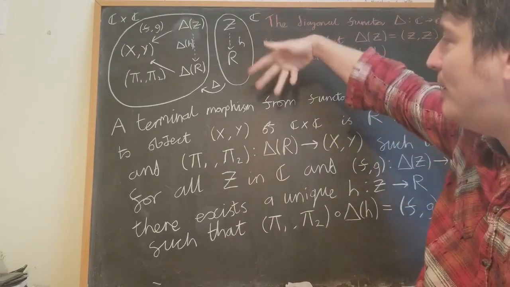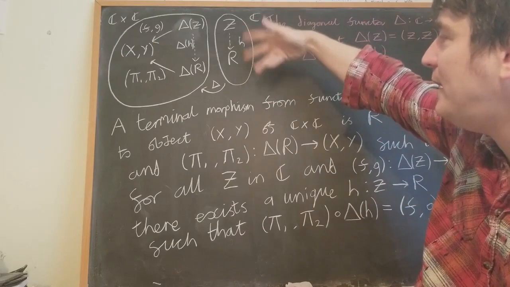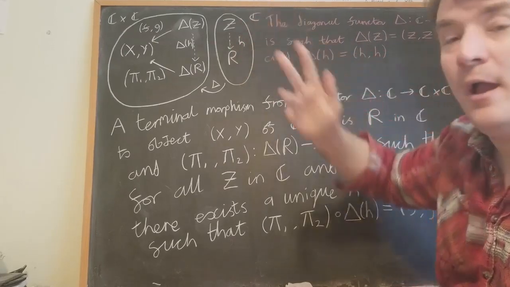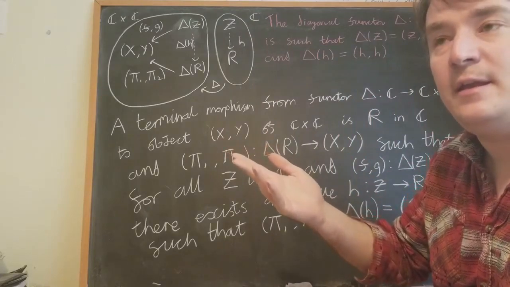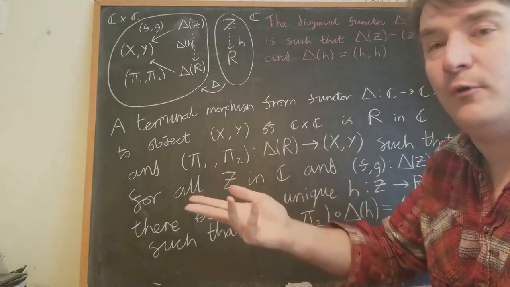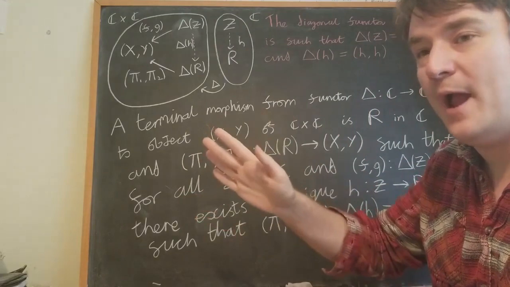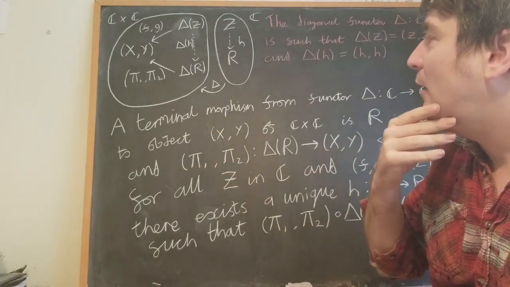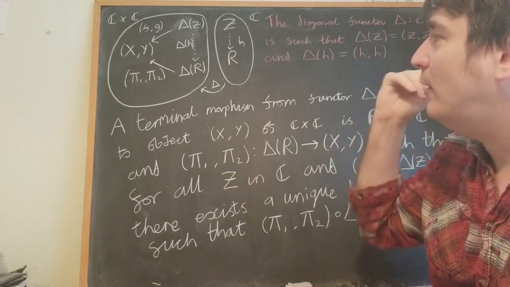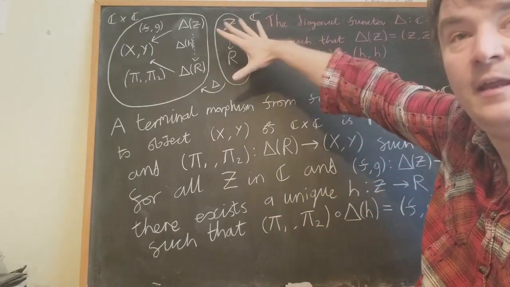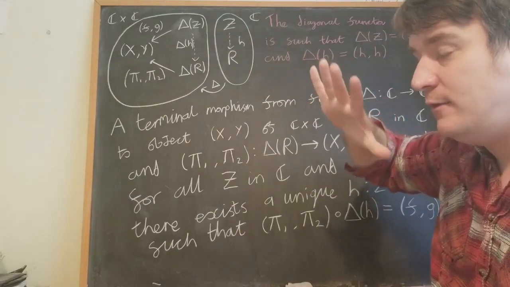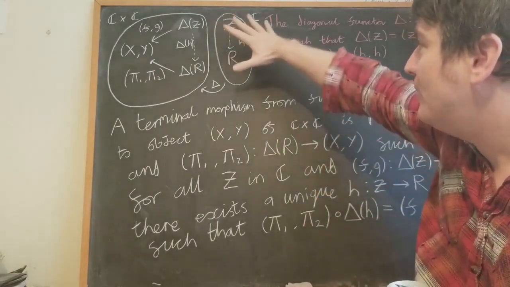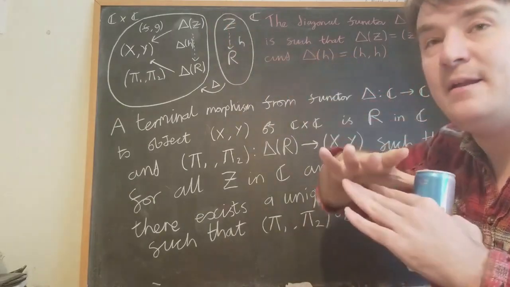So here's the setup then. We have a general category C, and within this category we seek to find the categorical product of a couple of objects, X and Y, okay? And so what we're going to do is take this category C and make a new category which is the product of this category by itself, okay?